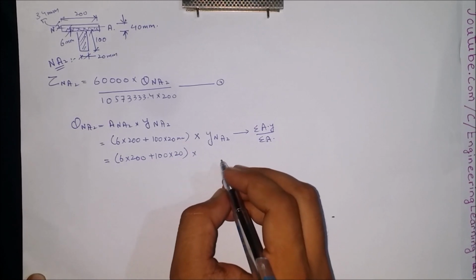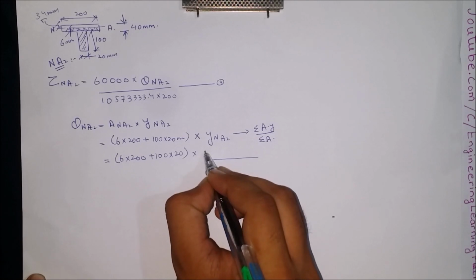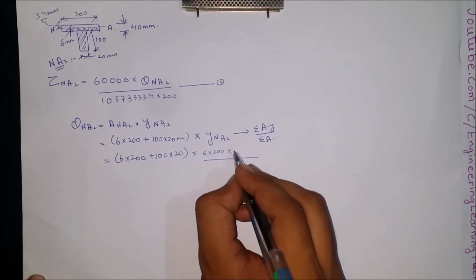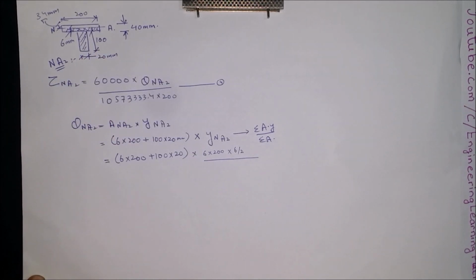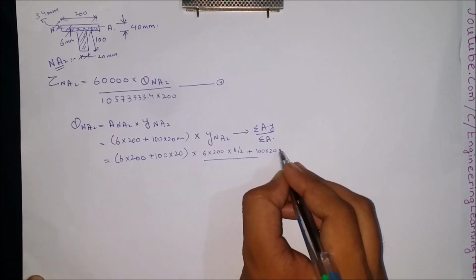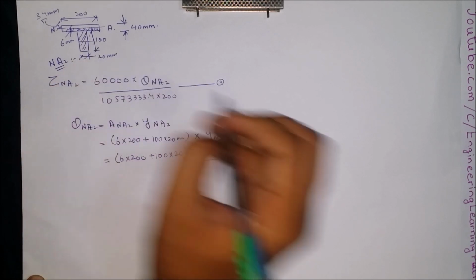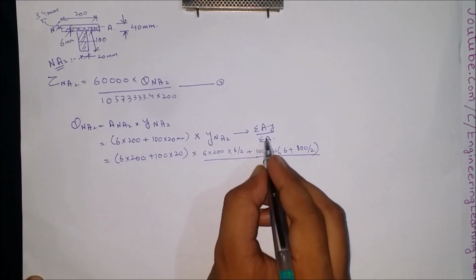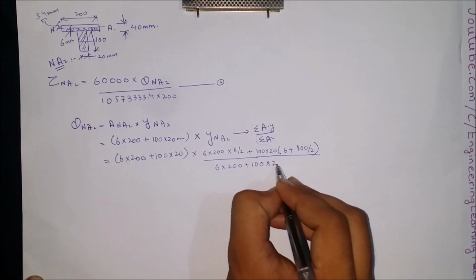For this area, the centroid will be 6 into 200, 100, that is the area, multiplied by 6 divided by 2, that is the half of distance due to it being a rectangle, plus the area 100 into 20 multiplied by the distance 6 mm plus the centroid of this rectangle, that is 100 divided by 2, since it is a rectangle, divided by simply the summation of area below the neutral axis.